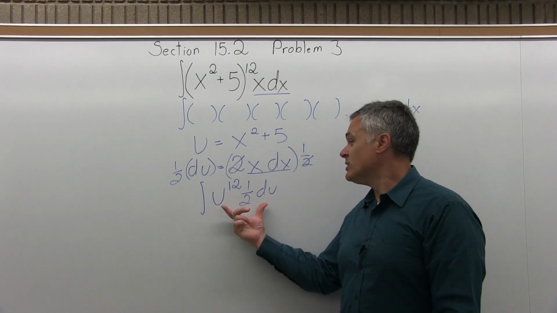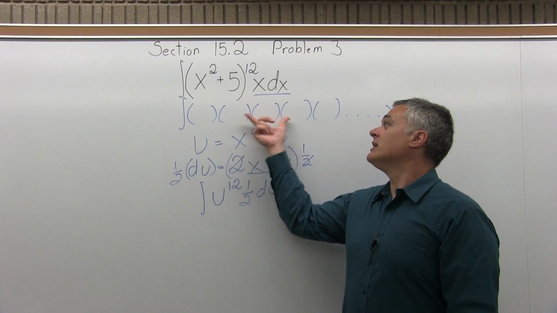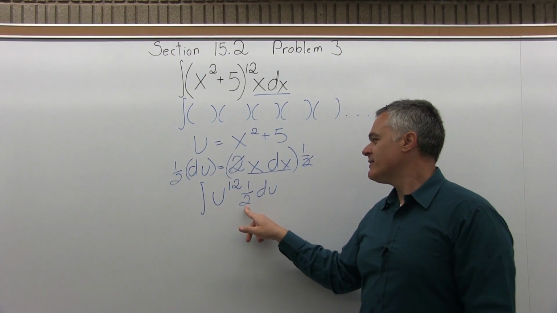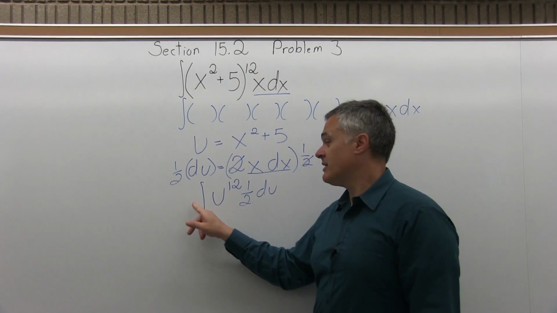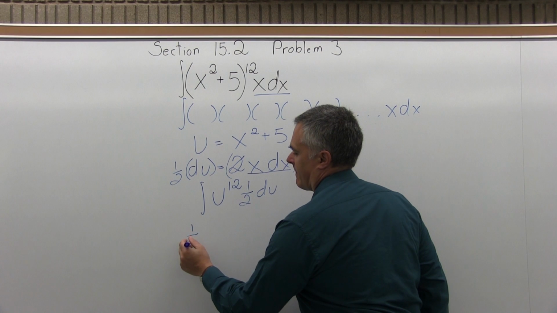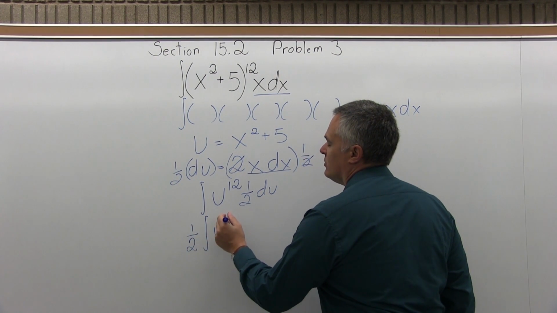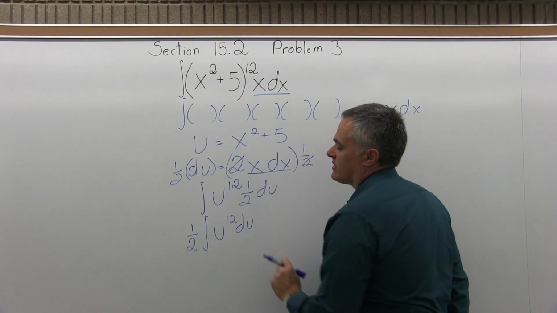Now I have the original problem written in terms of a new variable where I don't have to FOIL out 12 sets of parentheses. This 1/2 in the middle is kind of a weird thing. Since it's just a number and not a variable, I can write it in front of the integral symbol. So I can rewrite this as 1/2 the integral of u to the 12th du. Now this is a very straightforward integral to solve.